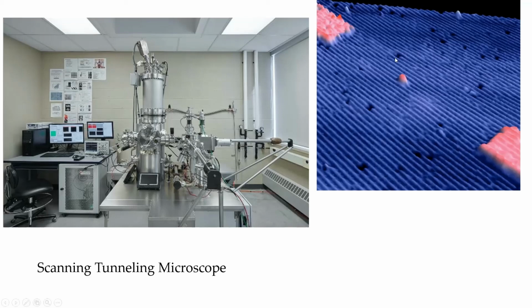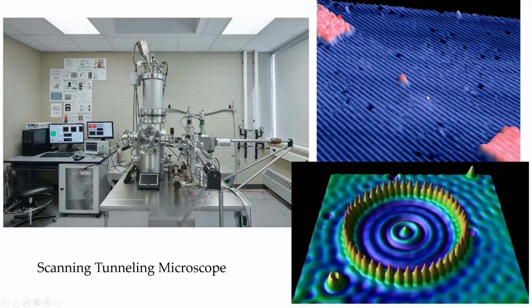This is an example of a single atom transistor, I believe. Here's another one, and it's obviously a computer generated representation of what this machine is seeing. In this case, I think they had 48 iron atoms lined up in a circle. So we're just getting a computer generated representation of the data that was collected.